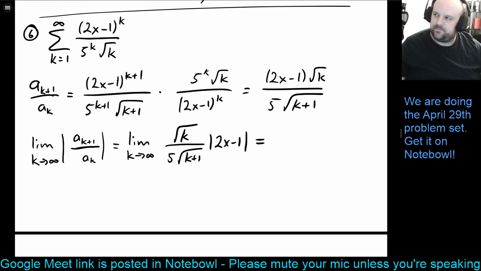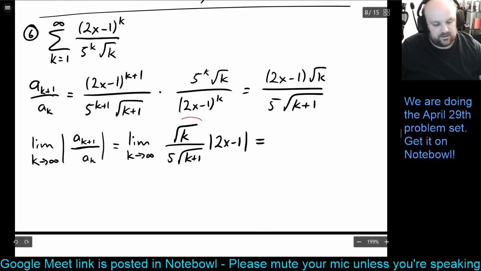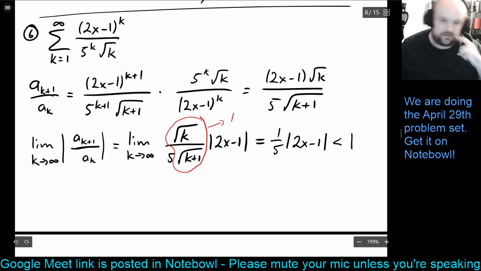This part right here goes to 1. So this will be 1/5 absolute value of 2x minus 1, less than 1.